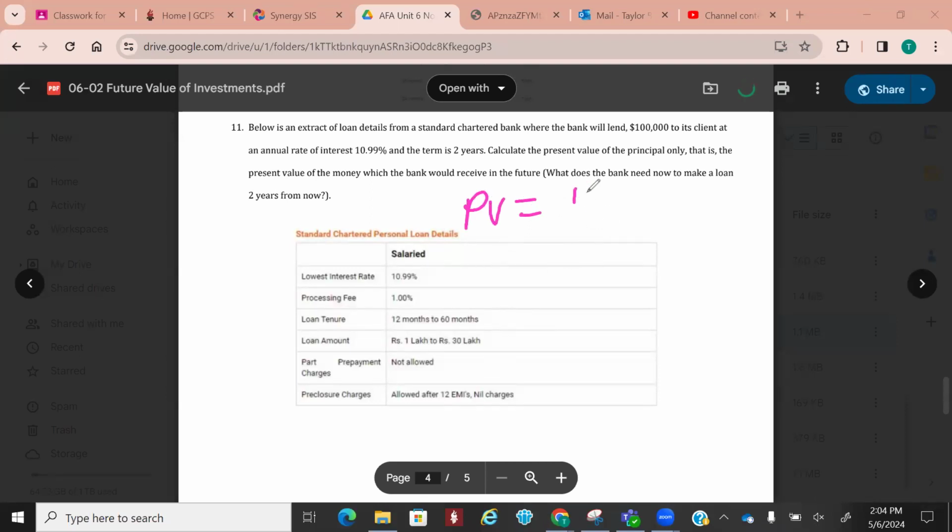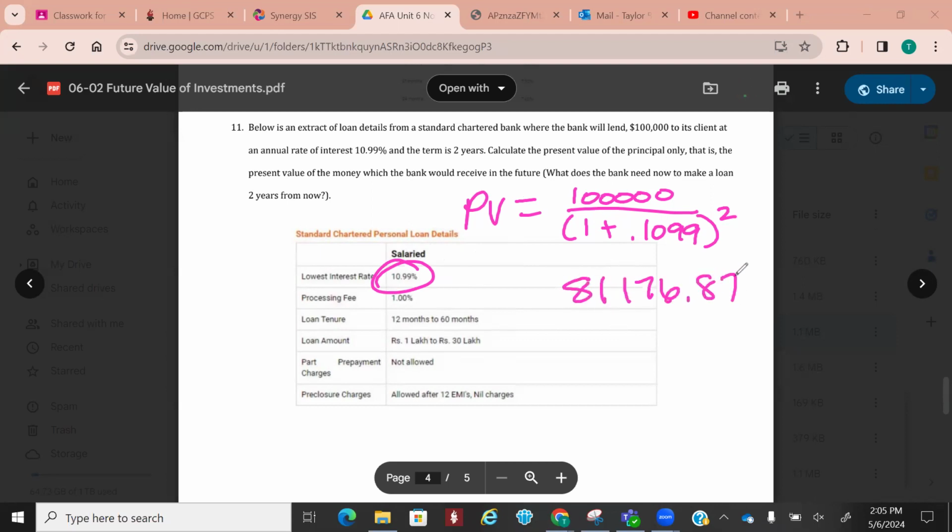So we're going to take 100,000 and divide it by 1 plus 0.1099, because that's our percentage, raised to the second year, 2 years. When we plug this into our calculator, we're going to get 81,176.87. Again, this is looking at the present value. This is that second formula on the previous page.